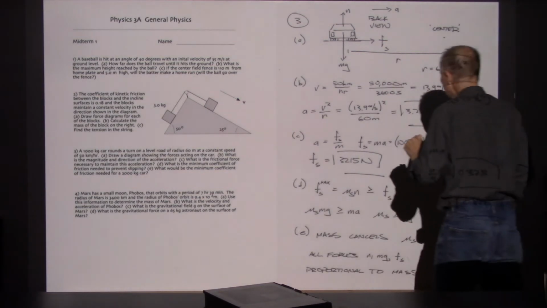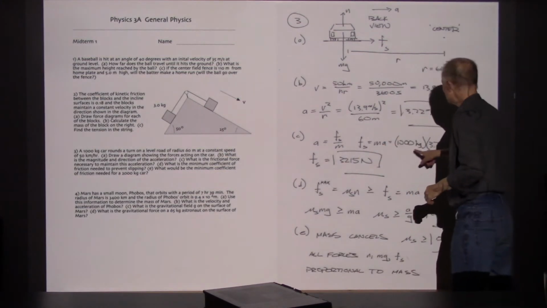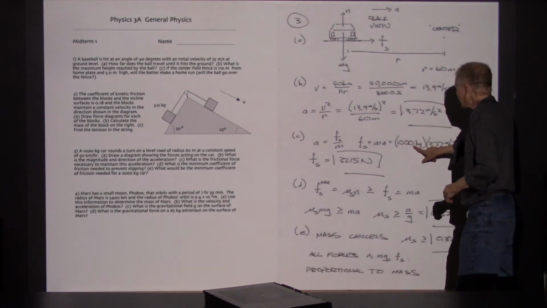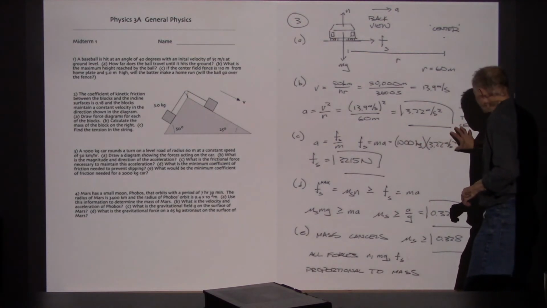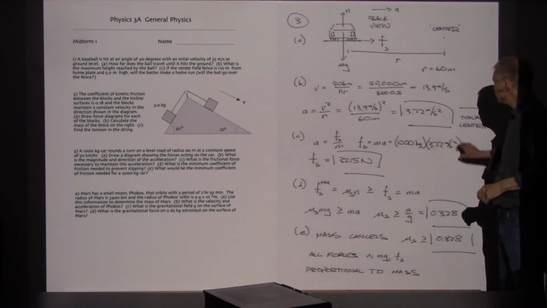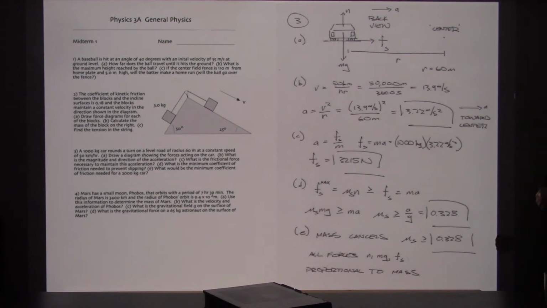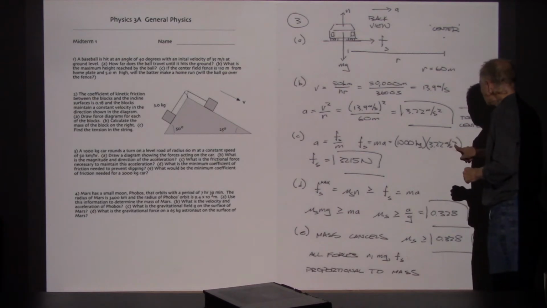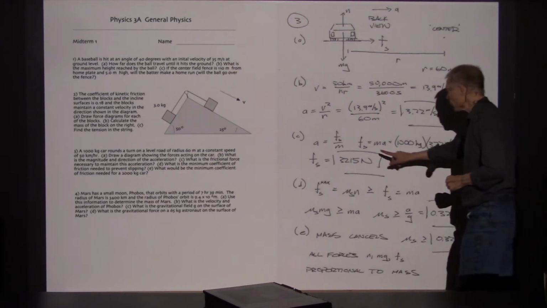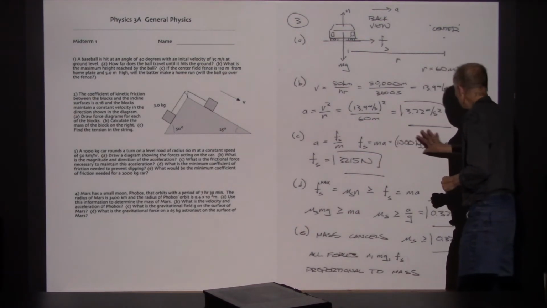I need enough static friction to take a 1,000 kilogram object and accelerate it at 3.22 meters per second squared. So the kilograms times meters per second squared units, those are going to give me newtons.